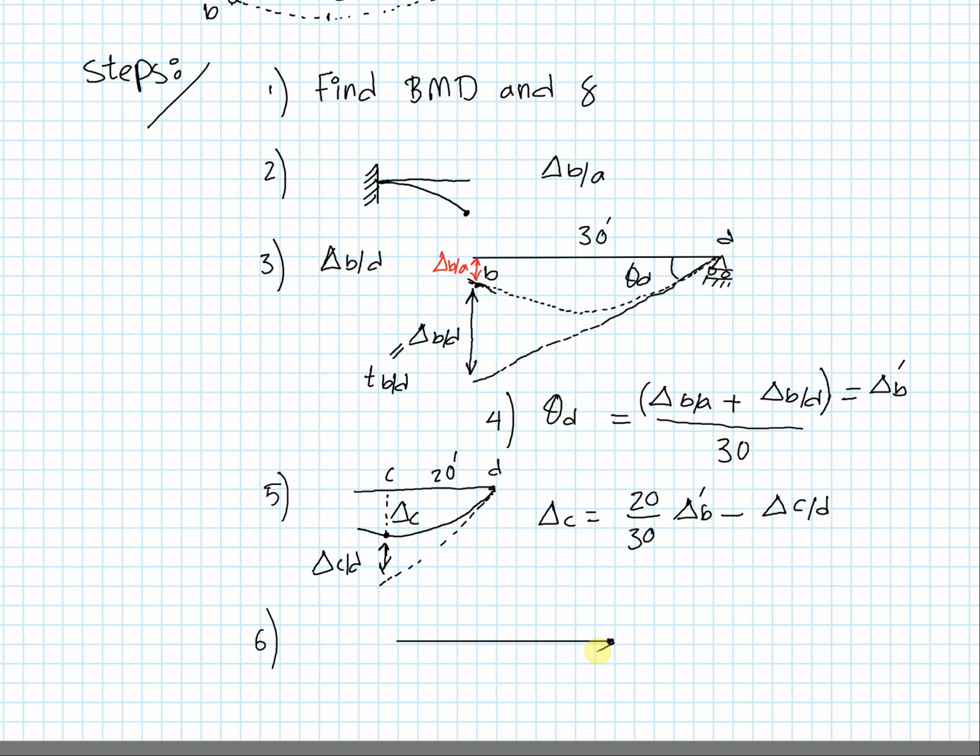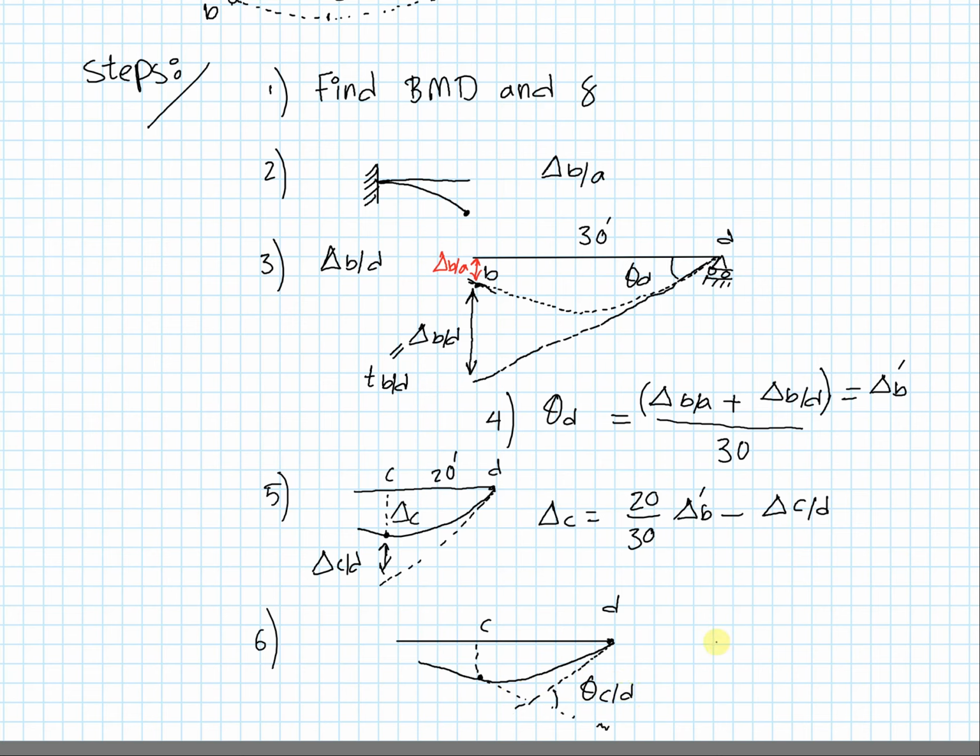So my deflected shape will look somewhat like this. And this is the location of C. If I were to draw a tangent from C all the way to D, that's D. And if I were to draw a tangent from D all the way to C, this angle here is equal to theta CD.